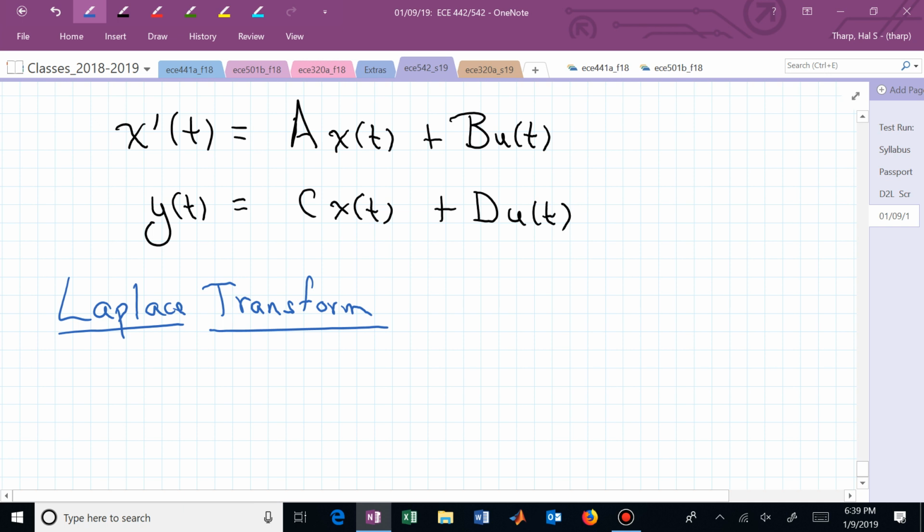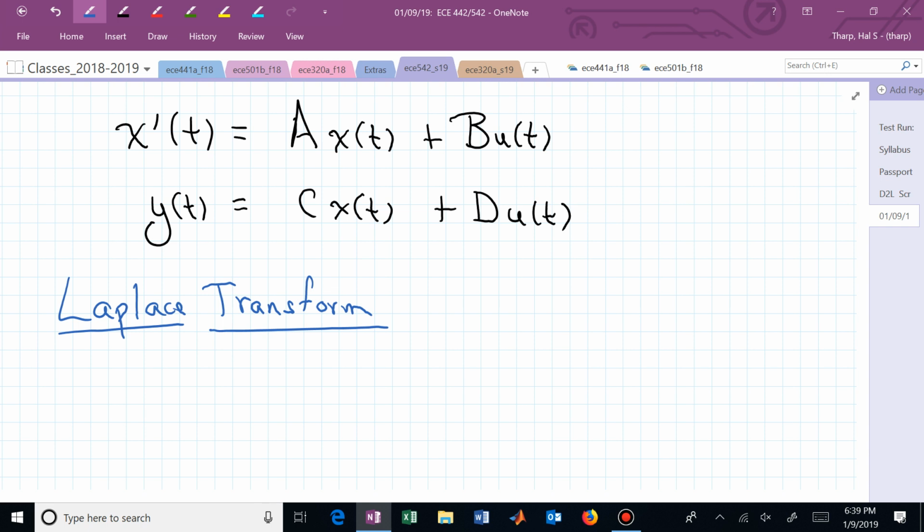What happens when I Laplace transform a derivative? It's multiplication by s, and I could have initial conditions. But since we're worried about a transfer function, we can neglect the initial conditions, and that's what we're doing here.